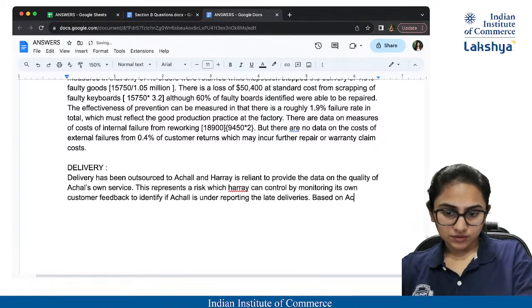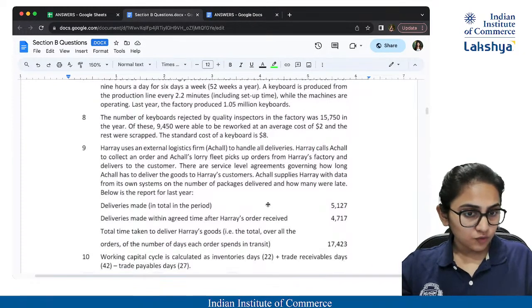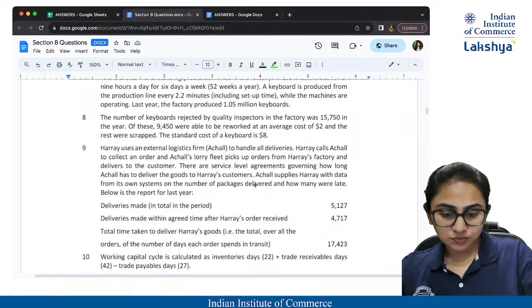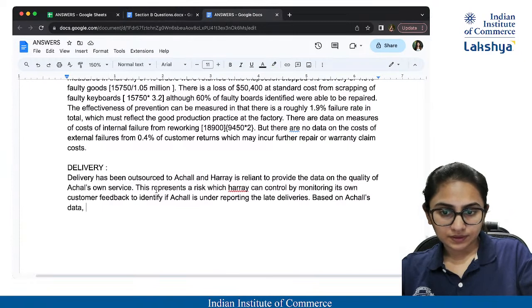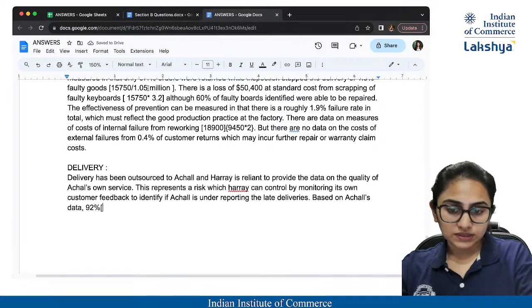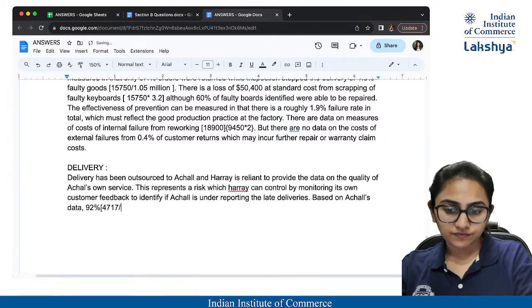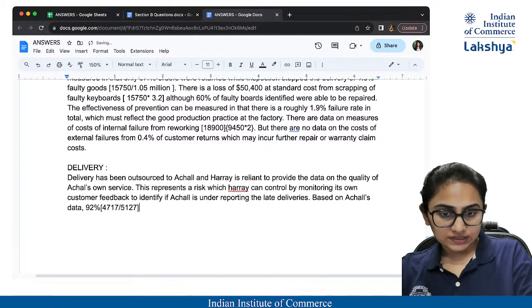Based on Actual's data, how many are made on time? 4717 divided by 5127, that is 92% are done on time. How did you get the 92%? 4717 divided by 5127. This many are done on time.